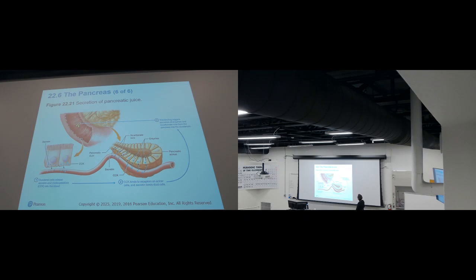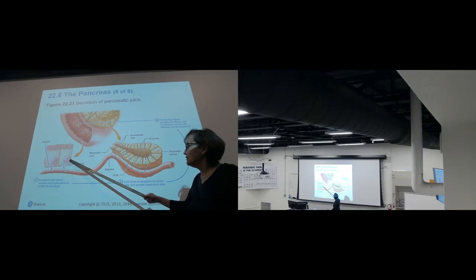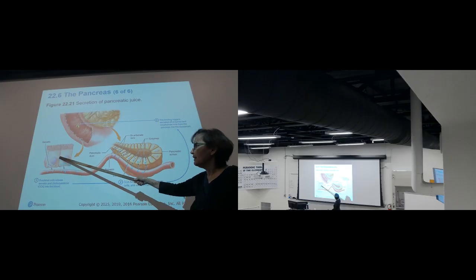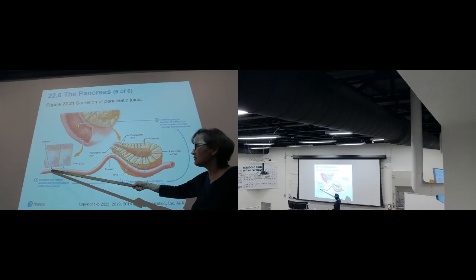So here is the mode of secretion of this pancreatic juice. The juice is basically enzymes, bicarbonate, and water. So you will have these duodenal cells that release secretin.